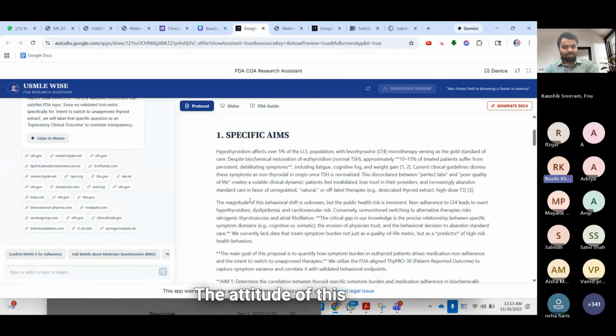The magnitude of this behavioral shift is unknown, but the public health risk is imminent. Non-adherence to LT4 leads to overt hypothyroidism, dyslipidemia, and cardiovascular risk. Conversely, unmonitored switching to alternative therapies risks iatrogenic thyrotoxicosis and atrial fibrillation. The critical gap in our knowledge is the precise relationship between specific symptom domains, example, cognitive versus somatic, the erosion of physician trust, and the behavioral decision to abandon standard care.